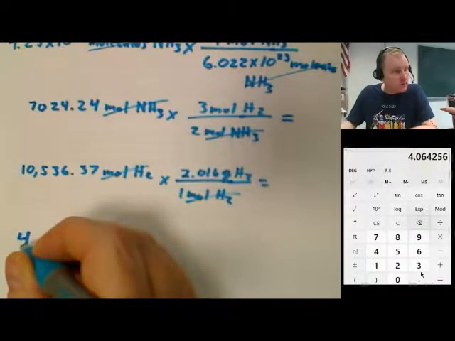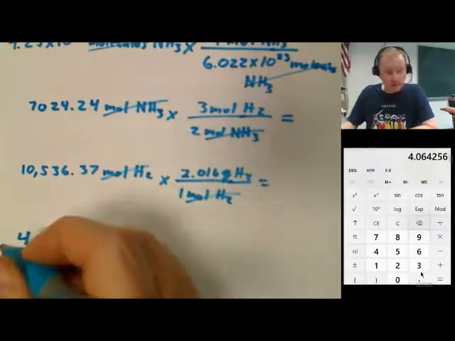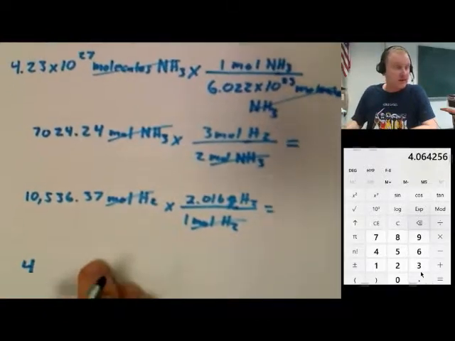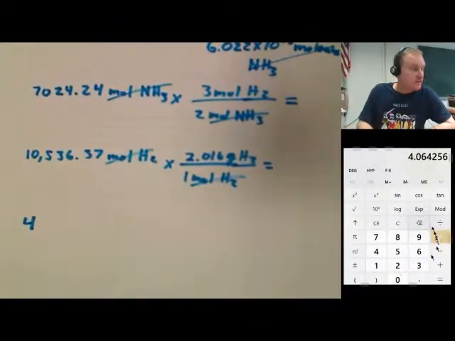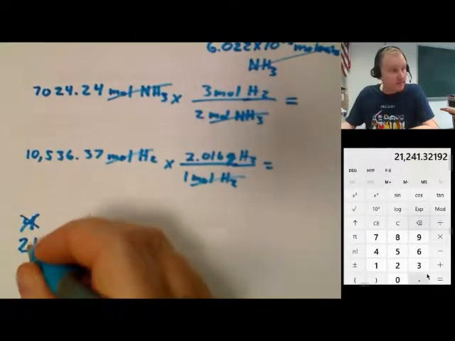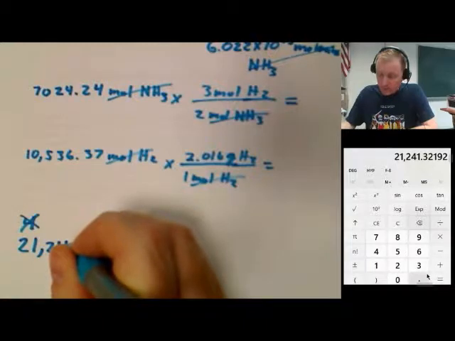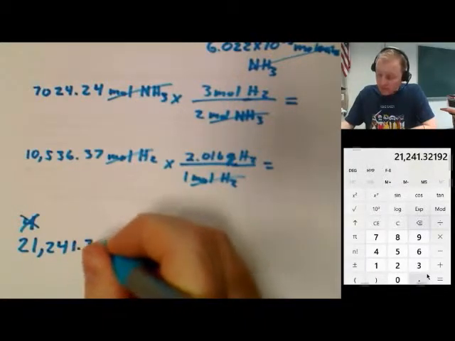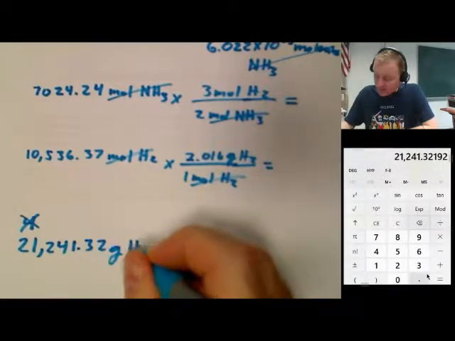Oh, I made a mistake again, but at least I caught this one. 10,536.37 times 2.016. There we go, that's better. 21,241.32 grams of H2.